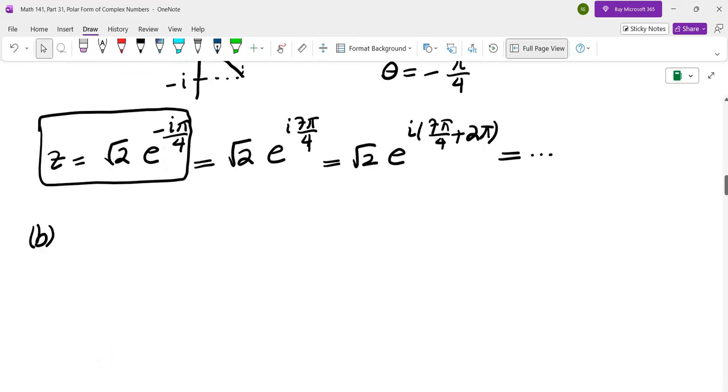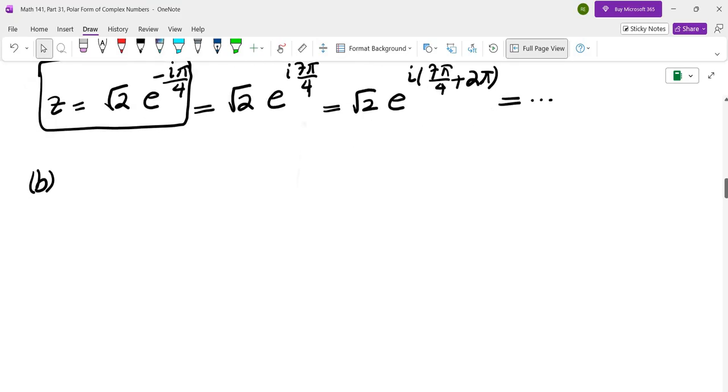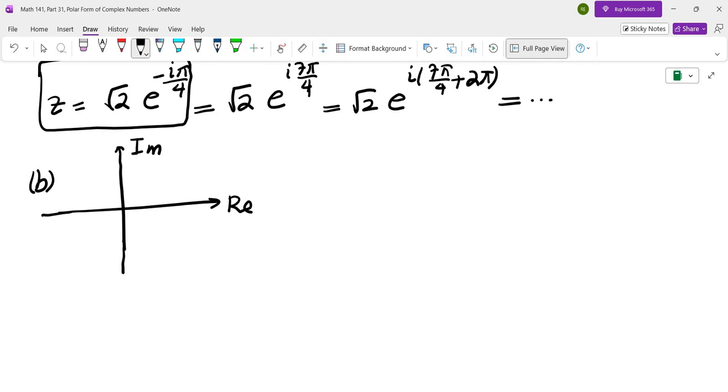So the next part of this problem is asking us to write down negative 3 minus 4i in polar form. If you look at negative 3 minus 4i, we can see that that point is in the third quadrant because the real part is negative and so is the imaginary part. So the angle is right here.